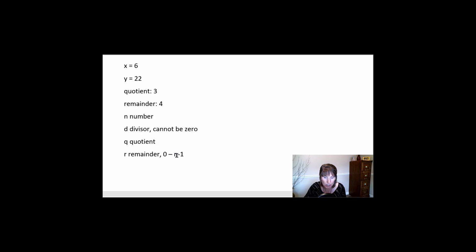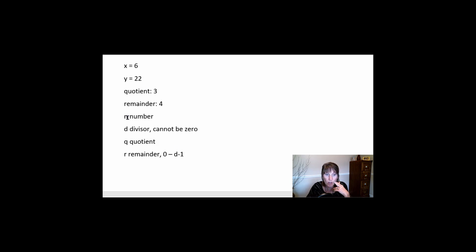It wouldn't be 22 minus 1. If we're dividing by 6, then the remainder can be from 0 to 5. If we're dividing by 12, the remainder can be 0 to 11. Whatever we're dividing by, the remainder goes from 0 to 1 less than that. That's the limitation on the remainder.